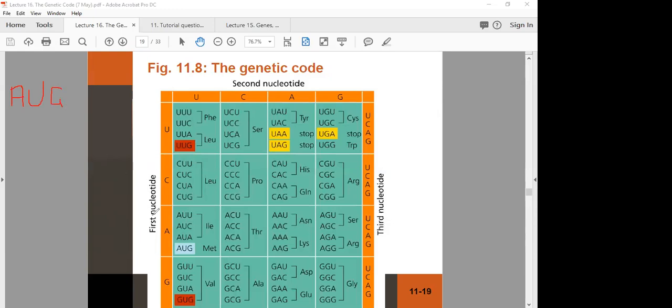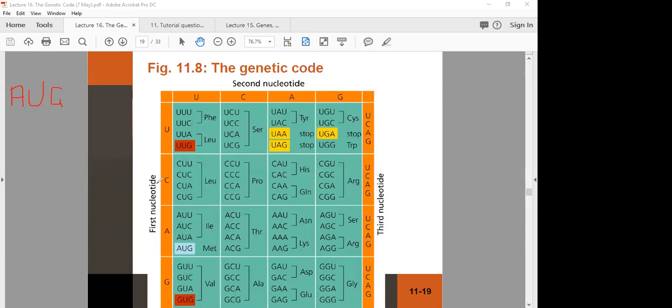So we look for the first nucleotide. Here it is, A. Then we go up here to the second nucleotide position, which is a U. There it is. So we use this as a set of coordinates. U, go down to where the A is. So we're looking at this box here.